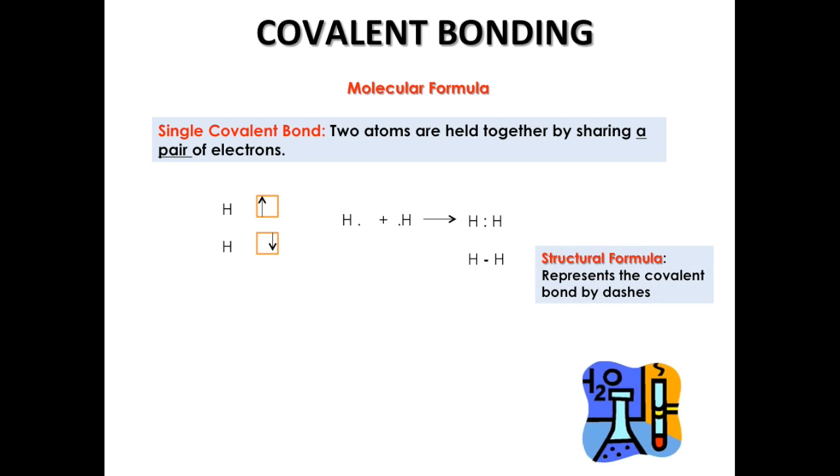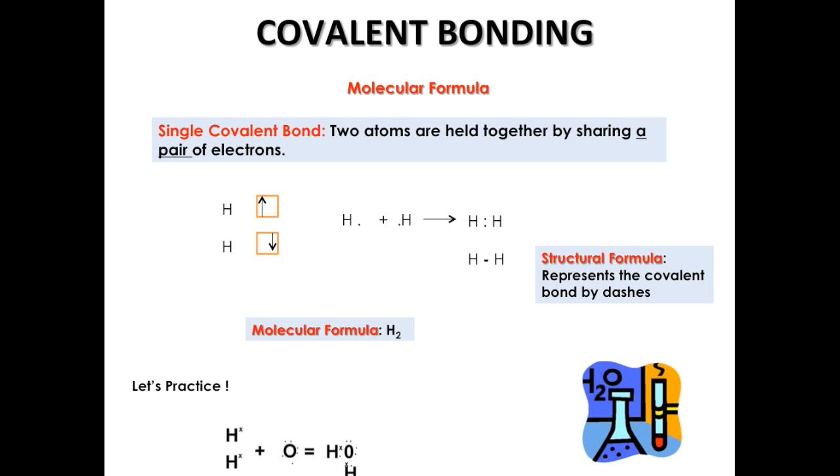Now, another way to represent it is to use the structural formula. This time, we will represent the covalent bond by dashes. Every dash represents 2 electrons. And the molecular formula will be the number of the atoms that we have, in this case, H2.